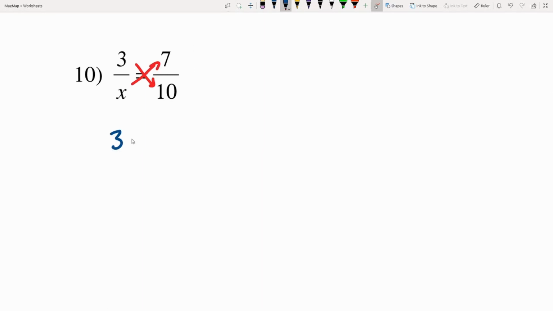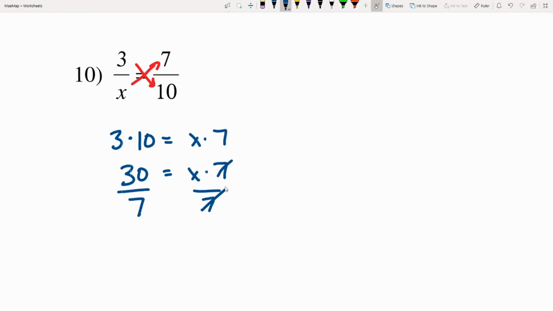In number 10, again, I think our safest bet is to cross multiply. So 3 times 10 equals x times 7. 3 times 10 is 30, so 30 is going to equal x times 7, but I need to know what x is, so I'll just divide by 7. 30 over 7 is going to equal x, and 30 divided by 7, doing that on a calculator, is about 4.857, so I'm going to round up to 4.29.